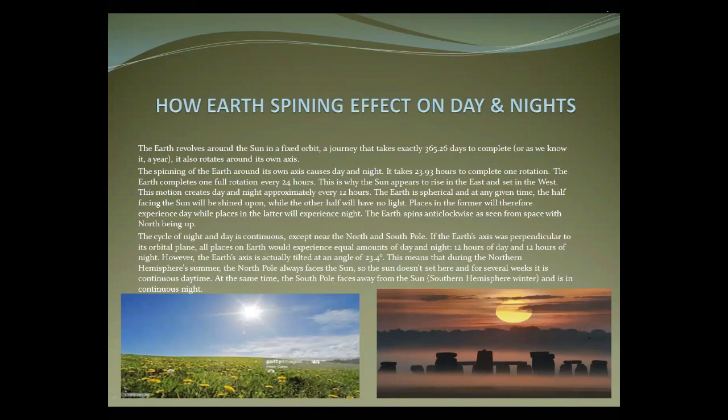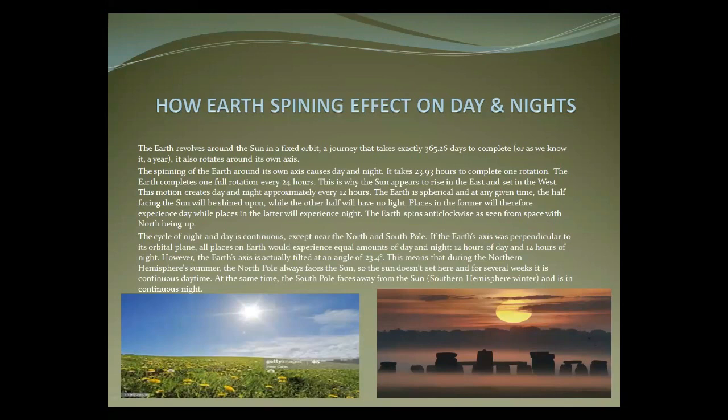It takes 23.93 hours to complete one rotation. The Earth completes one full rotation every 24 hours. This is why the sun appears to rise in the east and set in the west. This motion creates day and night approximately every 12 hours.